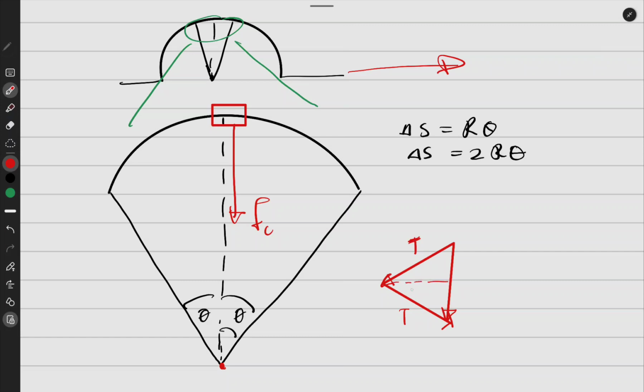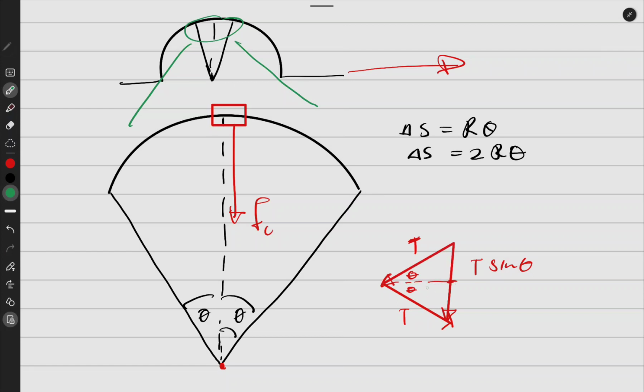Then if I cut here, I'll have theta and theta. Remember, our goal is to get the radial force that is causing this circular motion. If we want to get this side, we'll have T sine theta, because it's the opposite. I was looking only at this triangle here.